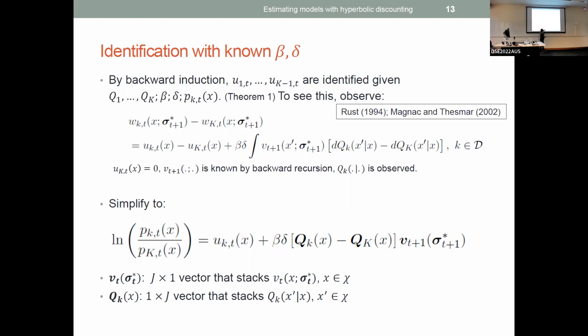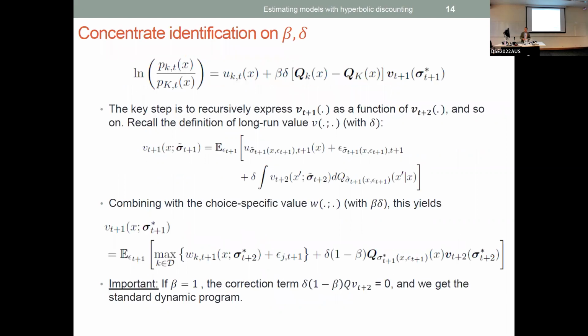The Qs are row vectors that stack the state transitions across X, and V is a column vector that stacks the long-run value function across X. So I move the equation up here and then go on to discuss the recursion.